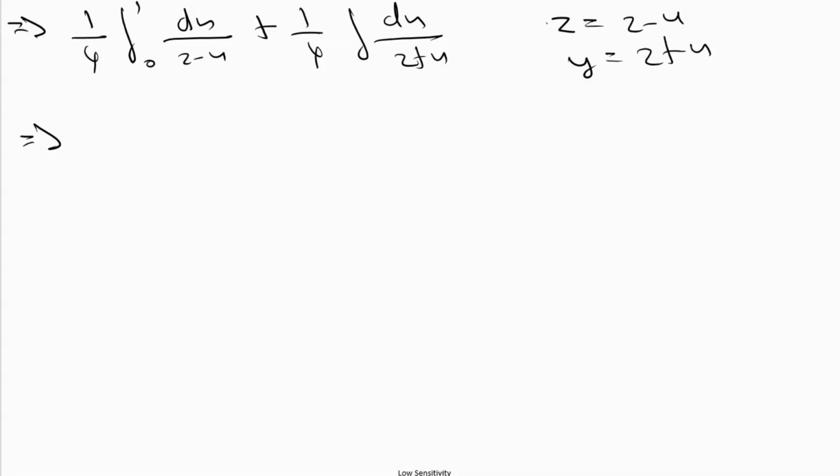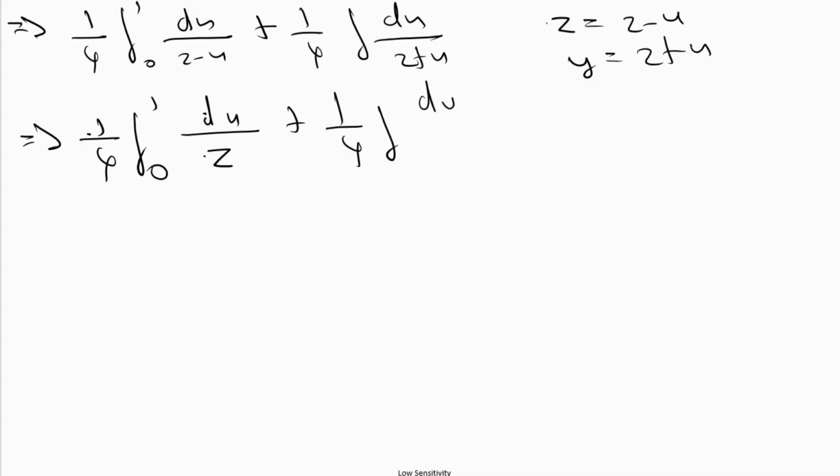So we can rewrite this as 1 over 4 integral from 1 to 0 du over z plus 1 over 4 du over y.